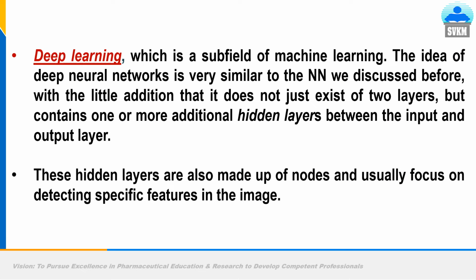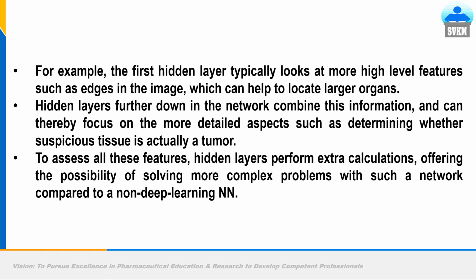We all know deep learning is a subfield of machine learning. The idea of a deep neural network is very similar to the neural network we discussed in earlier videos. The change is the addition of hidden layers. These hidden layers are also made up of nodes and usually focus on detecting specific features in the image. For example, the first hidden layer typically looks at high-level features such as edges in the image, which can help to locate larger organs.